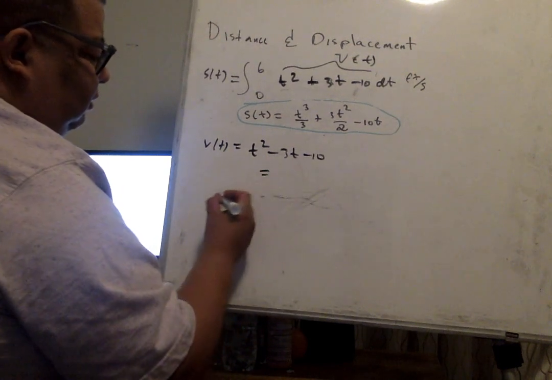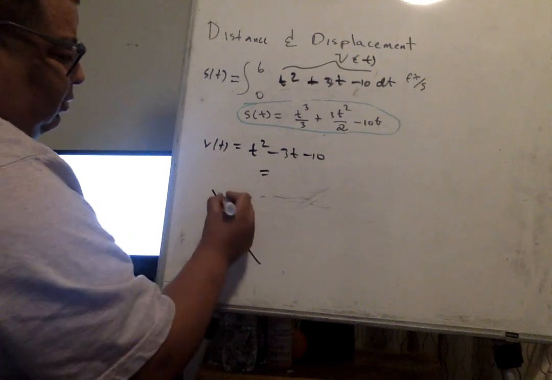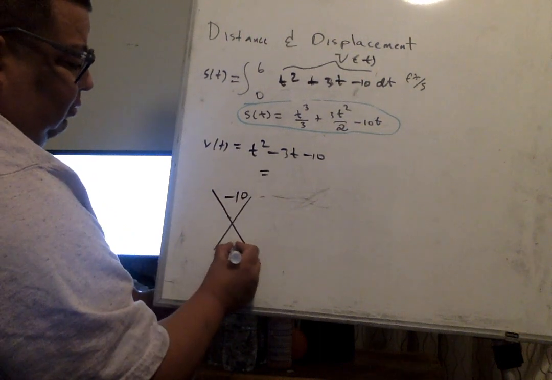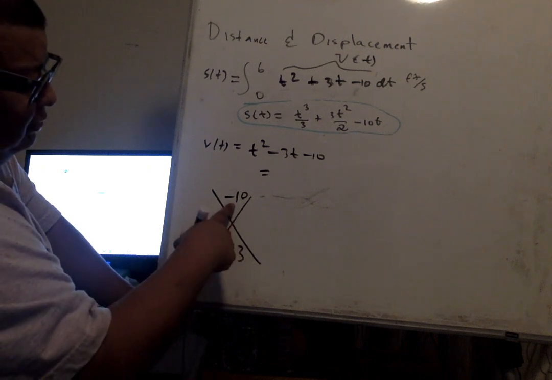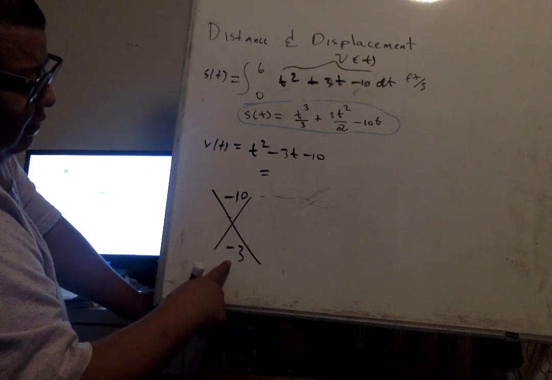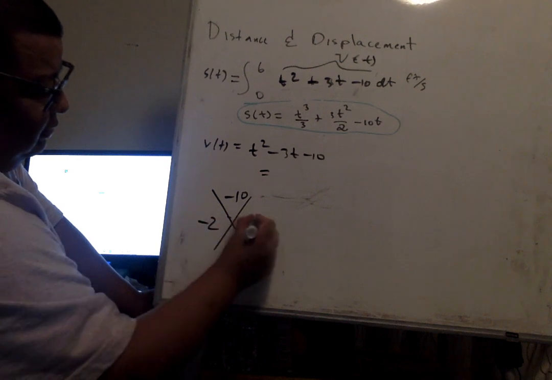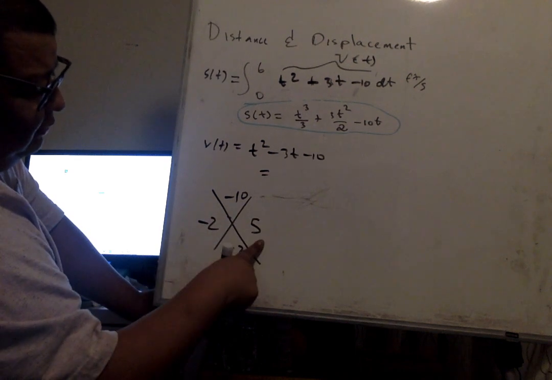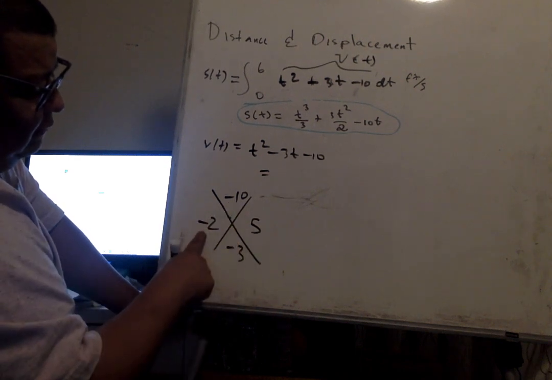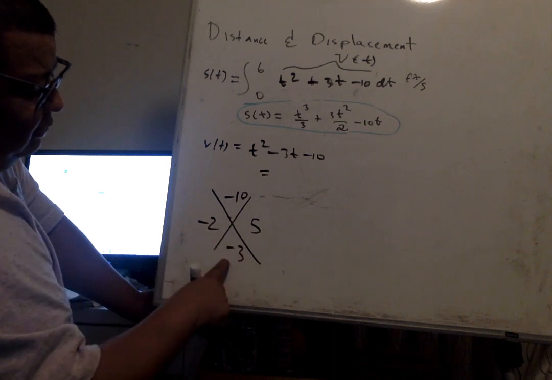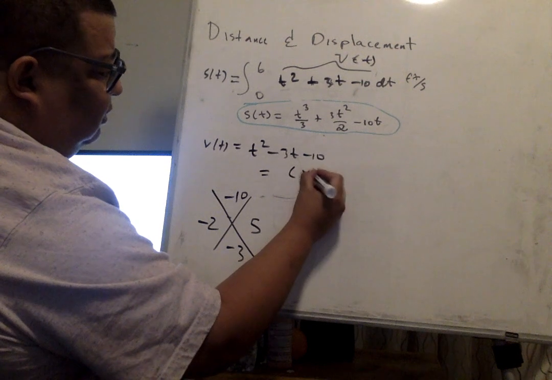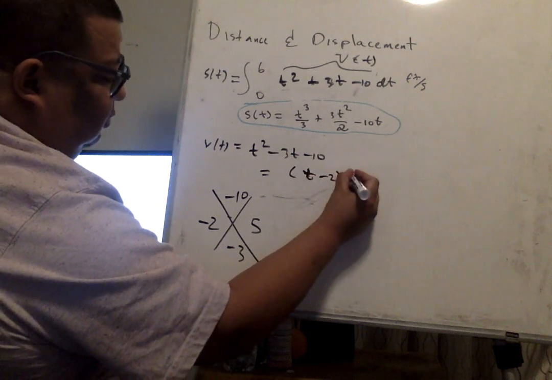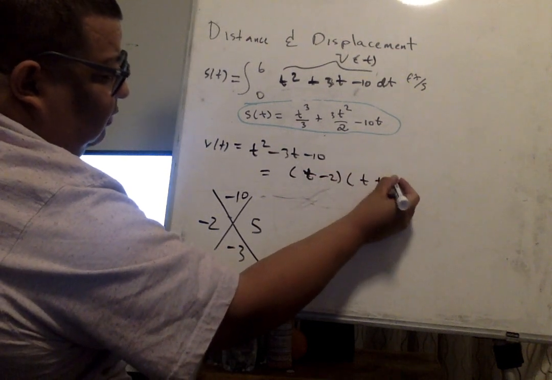So you need to find two numbers that multiply to give negative 10 and add to give negative 3. Let's look at negative 5 and 2. So this is equal to t minus 5 times t plus 2.